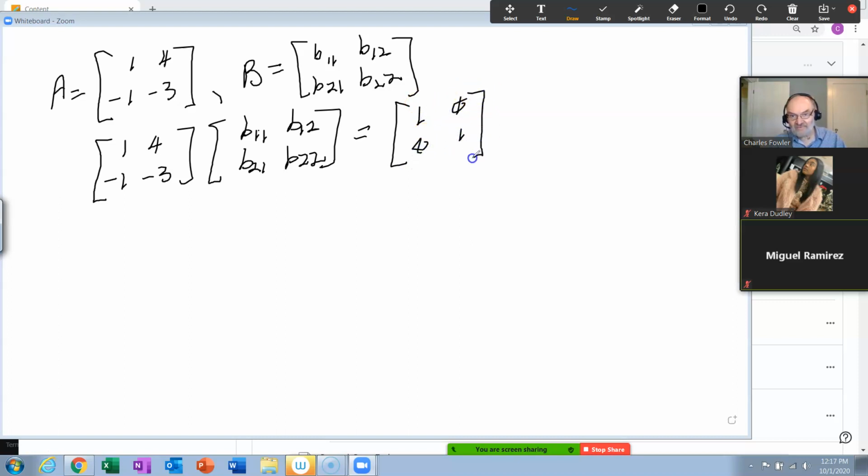If that's the inverse, that's got to be true. Got to. No doubt about it. Okay, well, let's do the multiplication and see what we get.